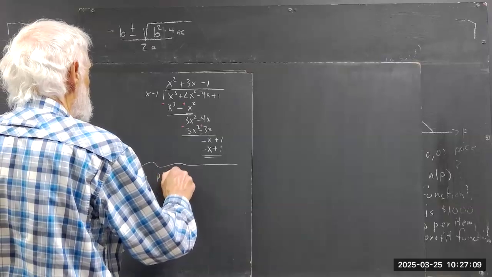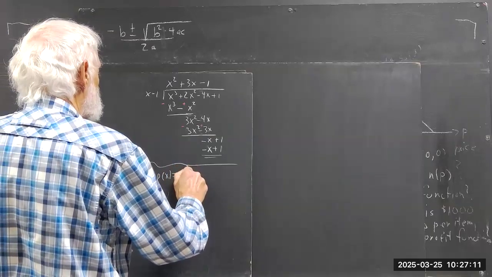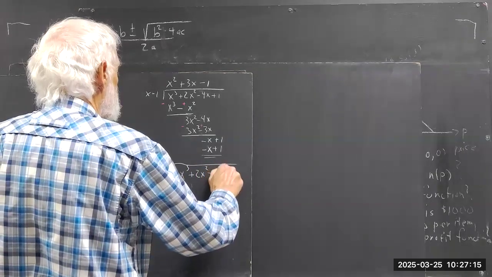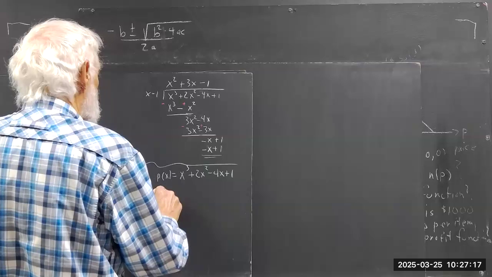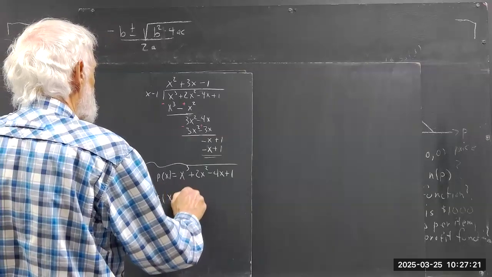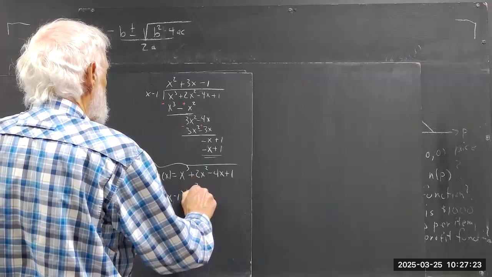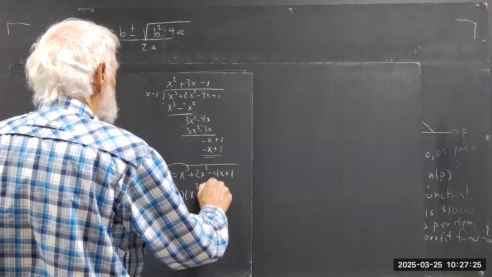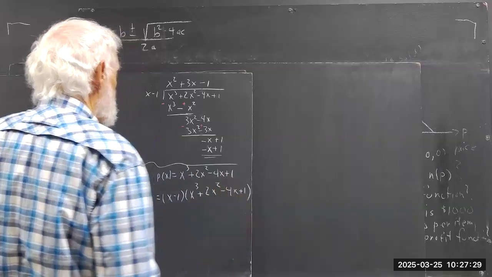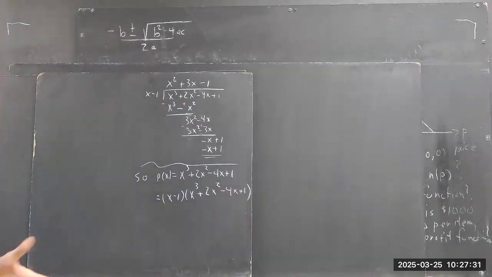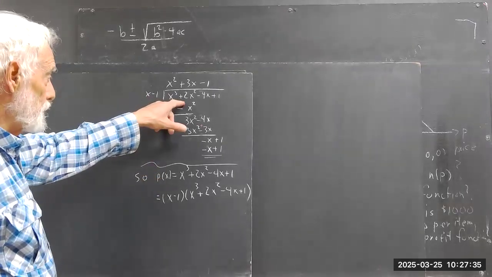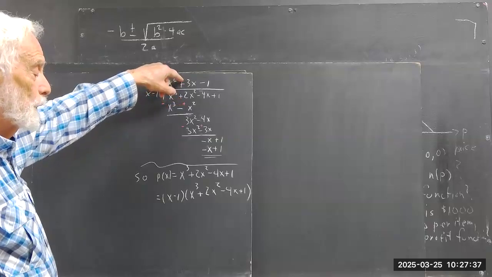that our polynomial P of x, which is x cubed plus 2x squared minus 4x plus 1, equals x minus 1 times the quotient. When you divide something into something else, you get the quotient.